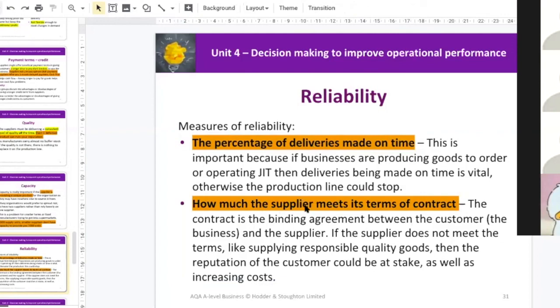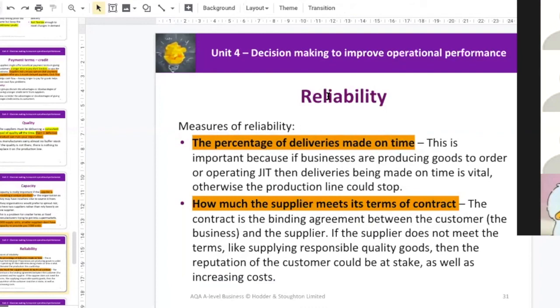How much does the supplier meet the terms of the contract? For example, we talk about delayed payment. This should be on the contract. You should pay them 3 months later, you don't pay them upfront. If it's on the contract, you tell the supplier, well, we see the conditions and terms on the contract, so I should pay you in 3 months' time, not now.